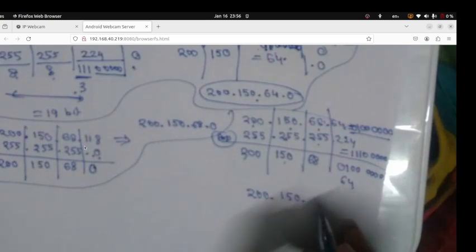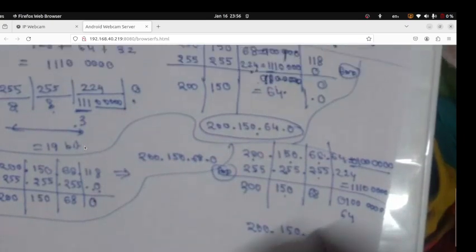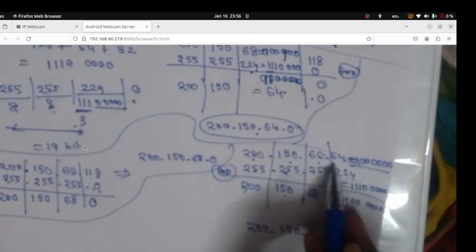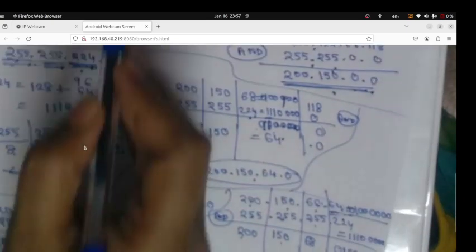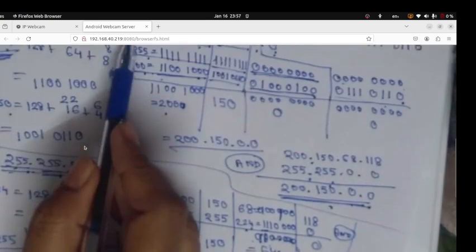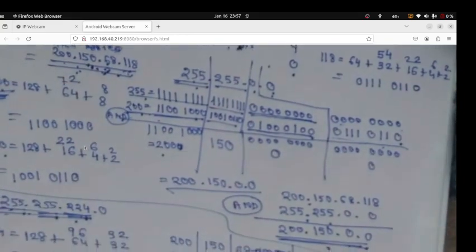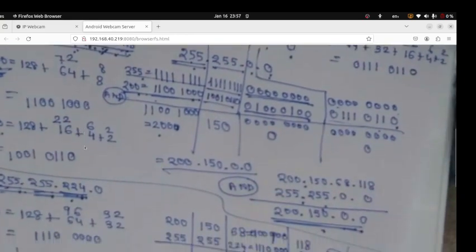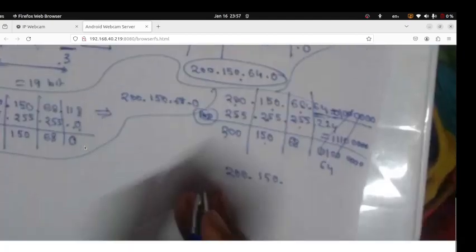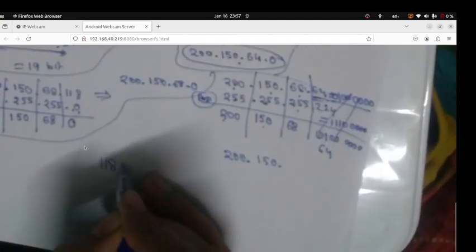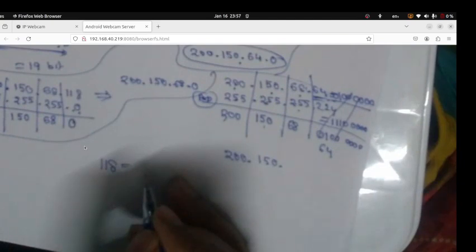200.150. No, here one thing is that the destination address here is not 64. The destination address I see here is 118. So here I am doing the last octet AND operation once again. It is 118, and the binary equivalent of 118 I found before also.